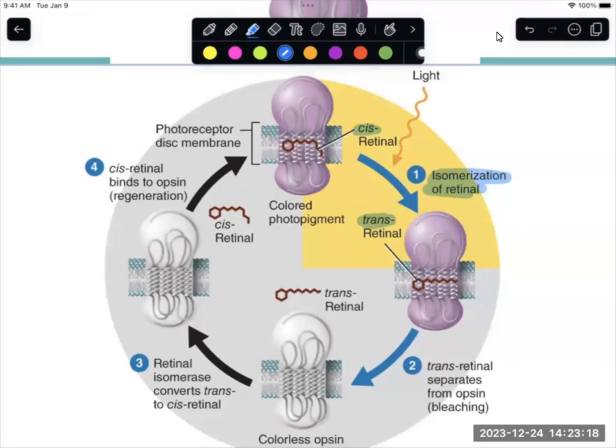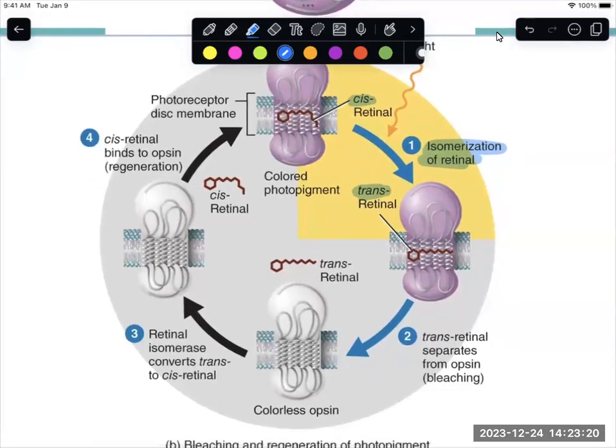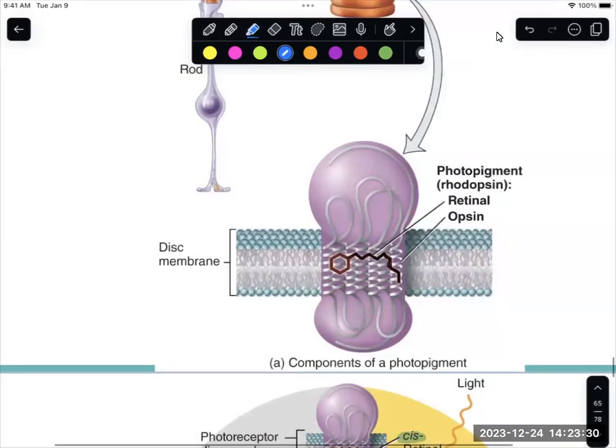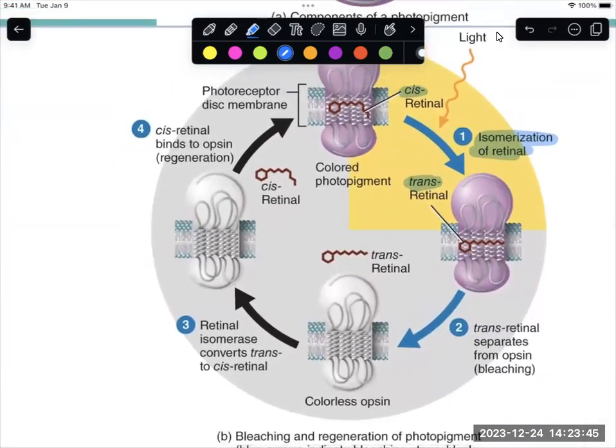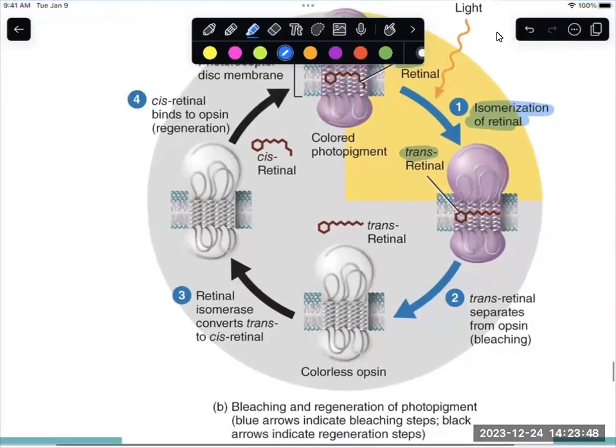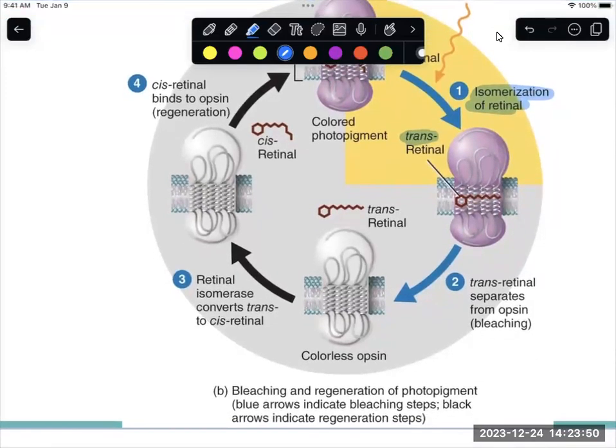Then once we get out of the light, that trans shape is going to separate from that opsin. That opsin is all of these little spring-like appearances that we see inside of this photoreceptor. So it separates out. When it separates out, what it causes is this bleaching effect.